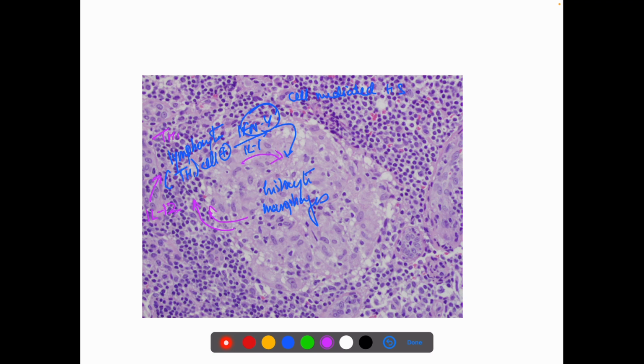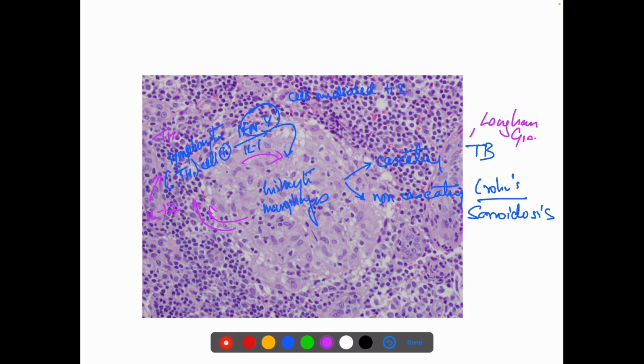So a vicious cycle is made. There are caseating and non-caseating granulomas. There are multiple examples for both of them, but the classical examples are, for caseating granuloma, TB, and for non-caseating granulomas, we have Crohn's and sarcoidosis. In TB, we have Langhans giant cells, and in sarcoidosis, we have asteroid bodies.